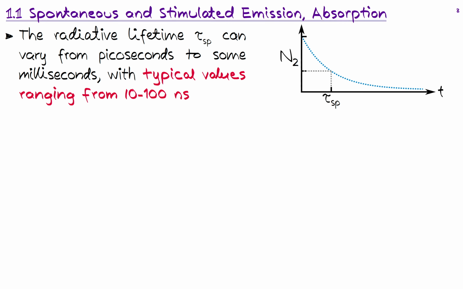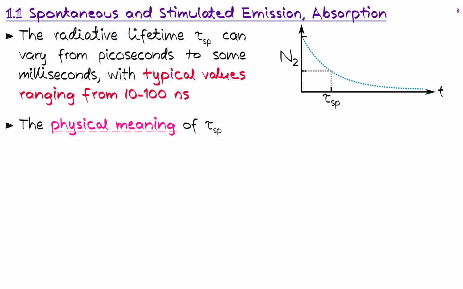Typical values for this radiative lifetime range from 10 to 100 nanoseconds, depending on the material system, when we are not looking at strongly forbidden transitions. So basically we are not looking at phosphorescent materials.